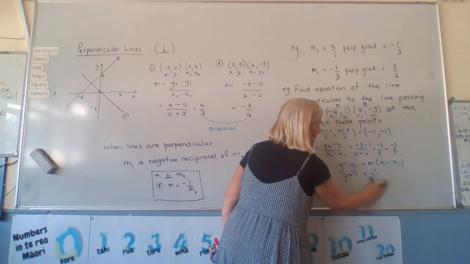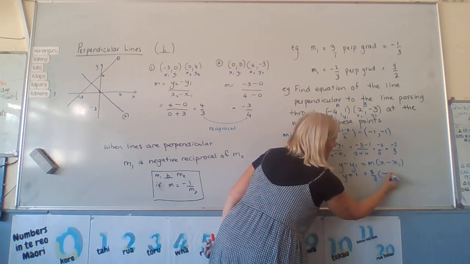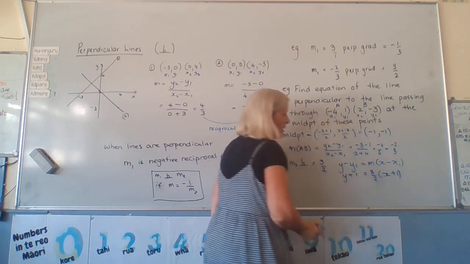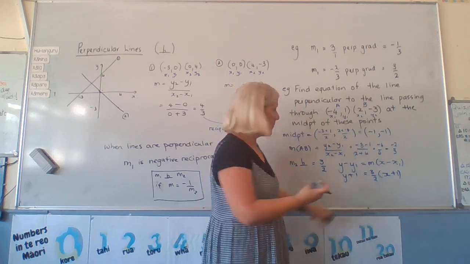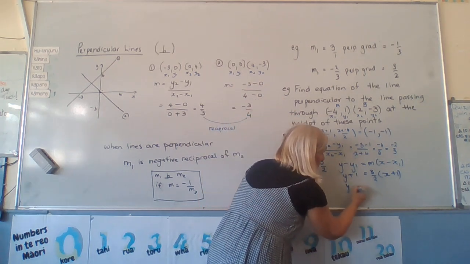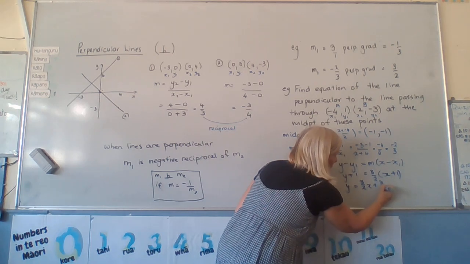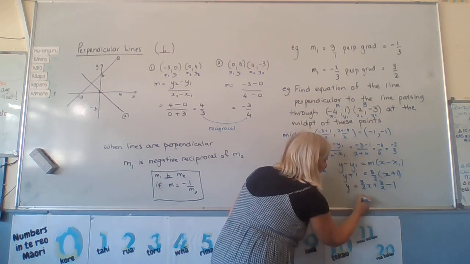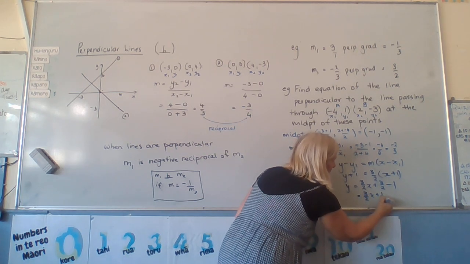Whoops, wrong one. Perpendicular gradient 3 over 2, x minus -1. All right, it's my equation of a line. Now I need to tidy it up. Y equals 3 over 2x plus 3 over 2 minus 1, because it's going over the other side, equals 3 over 2x plus a half.